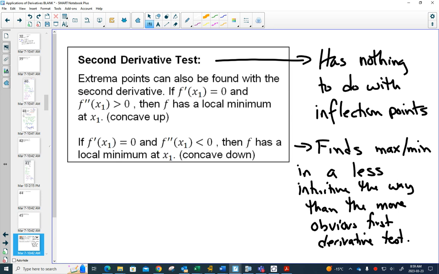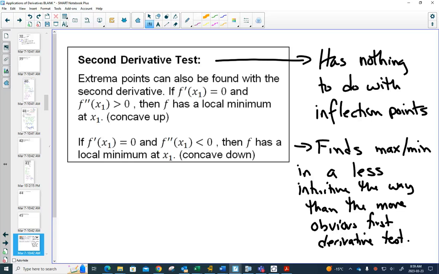That is a really good description of the second derivative test. I think I've tried teaching the second derivative test well, reinforcing it over and over again, and students will be like, second derivative test, I have no idea what that is. It must be inflection points, right? What does it do?